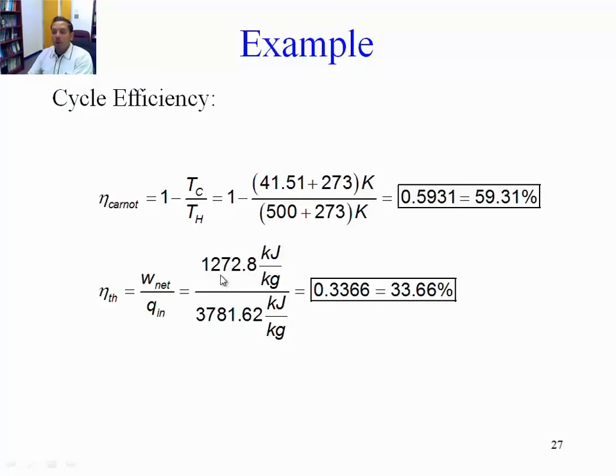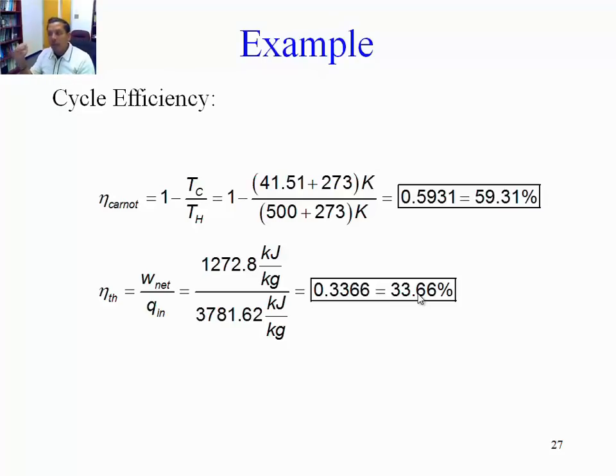The net amount of work, which is still 100 megawatts, or now in specific form 1,272, and the QN is 3,781, yields an efficiency of about 33.66%. Considerably less than the 40.7% that we just found, so it's 40.8%. So it's about 7% less efficiency in the overall cycle and the transformation of energy due to the irreversibilities in the pump and in the turbines.